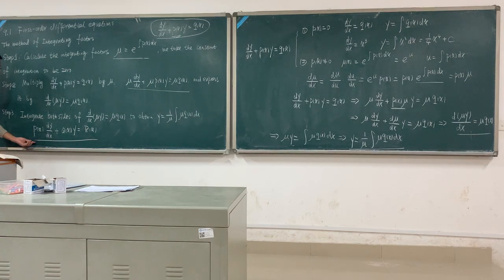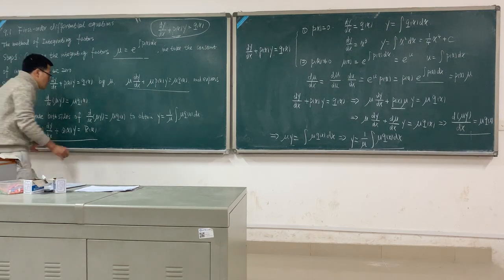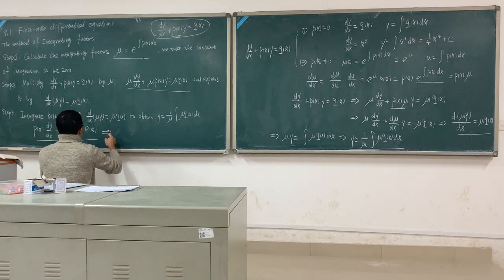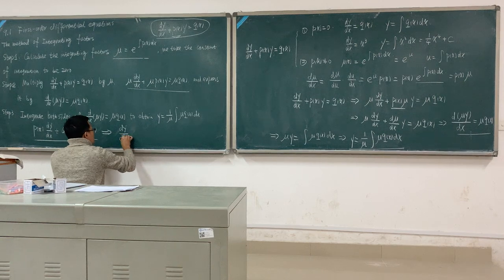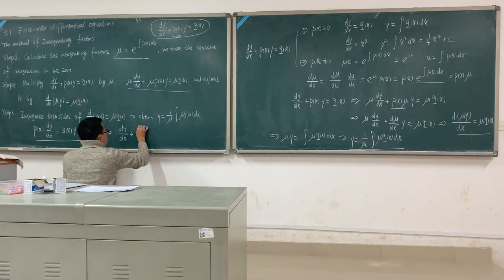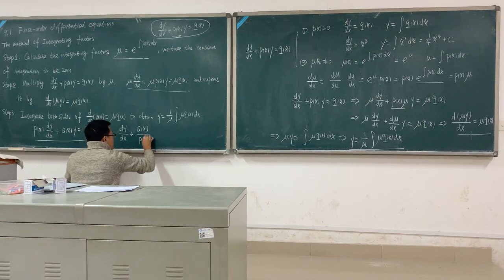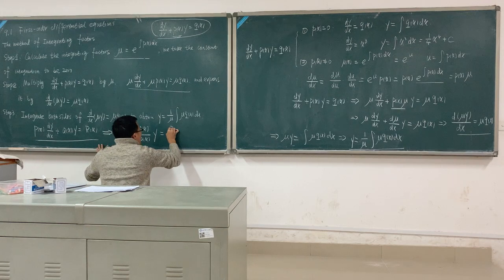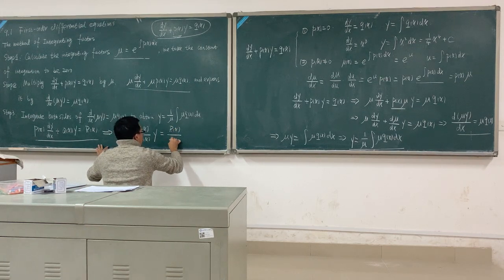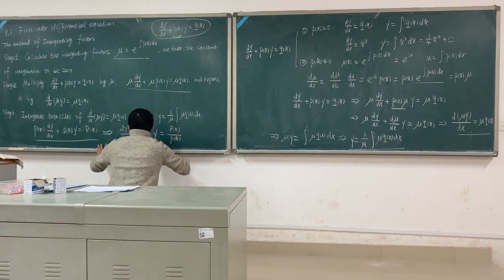So if we divide by P(x) on both sides, we can transform it to dy/dx plus Q(x) divided by P(x) times y equal to R(x) divided by P(x).